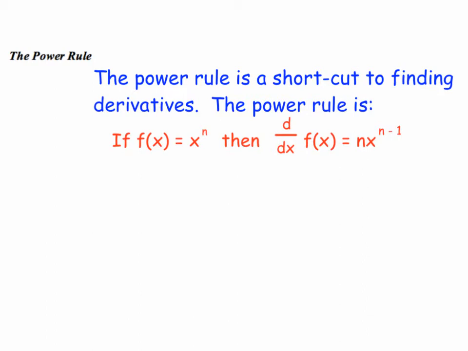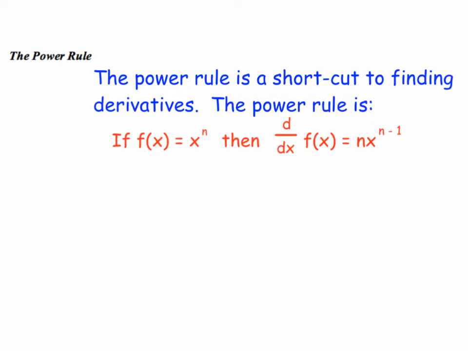The power rule is a shortcut to finding derivatives. Here we have the power rule listed below. If I give you a function like x to the n, and we take the derivative of it, d over dx of f of x, you're going to bring that n to the front and then subtract 1 from the exponent.